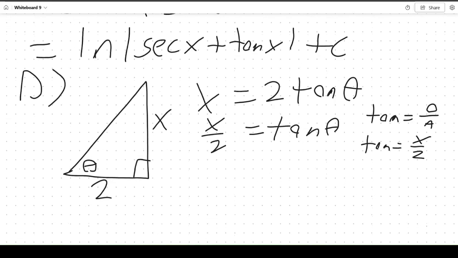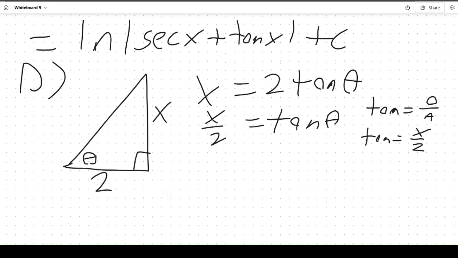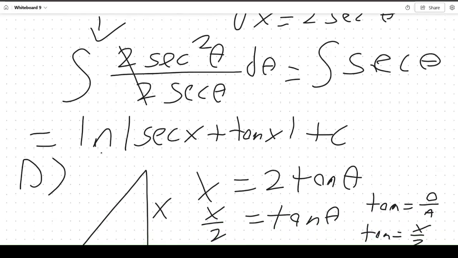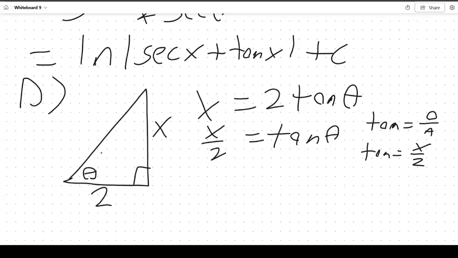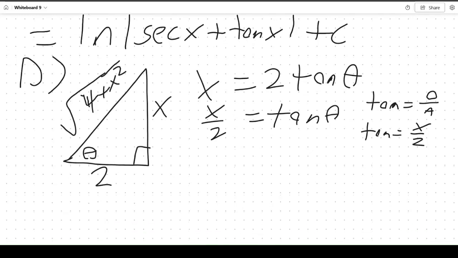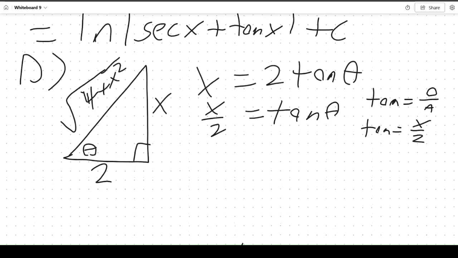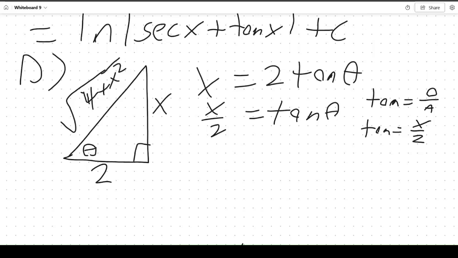And as always, we can put this value as the final slot, because that's how I like to do it. So we are left with ln secant x plus tan x plus c.